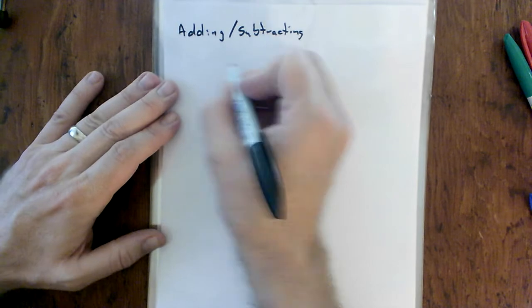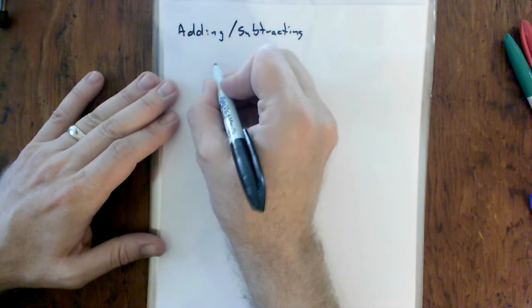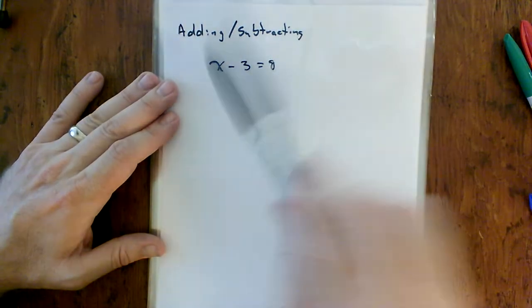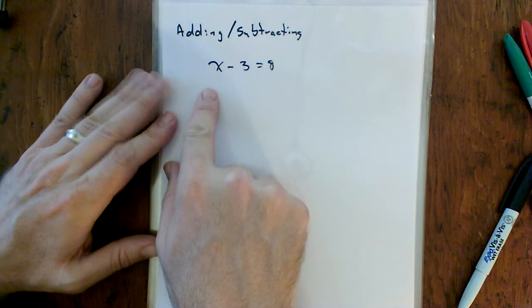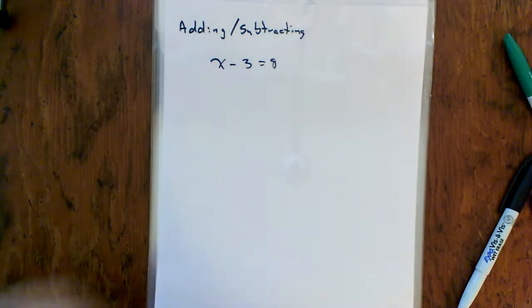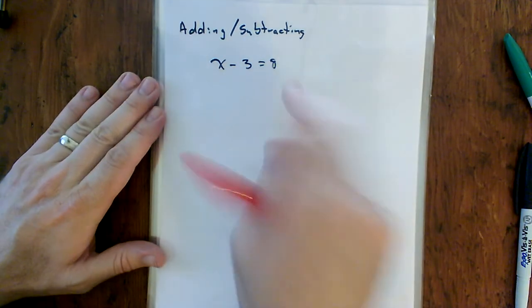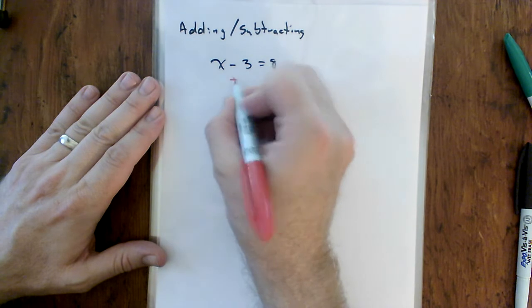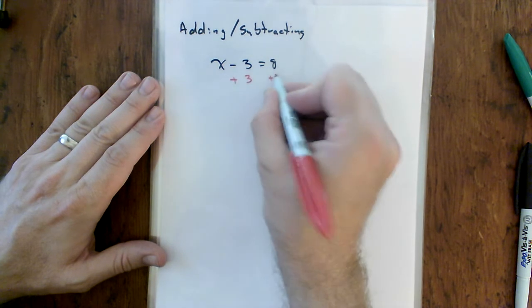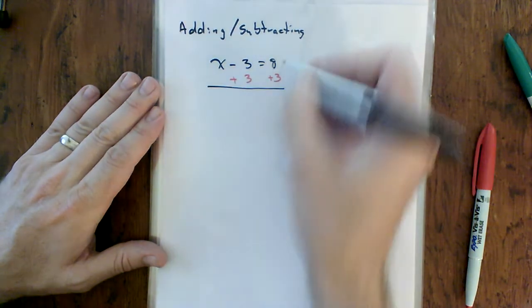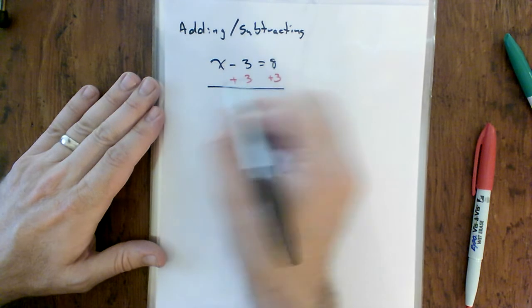So, say we've got something like x minus 3 is equal to 8. In order to solve this, I need to get this x by itself. So what I'm going to do is, in this case, add 3 to both sides of the equation. Typically, we usually do write what we're adding to both sides.